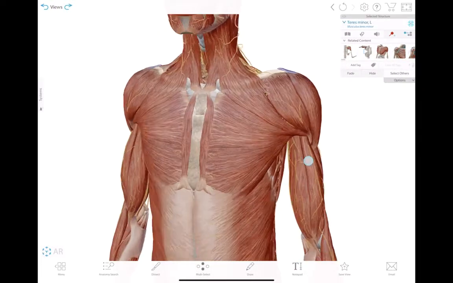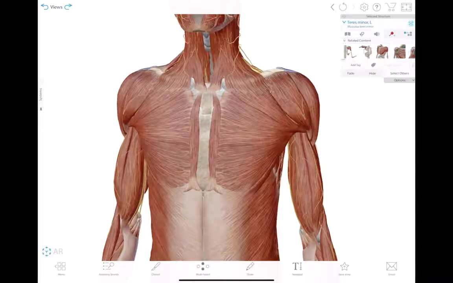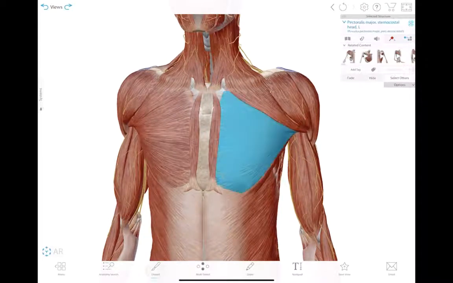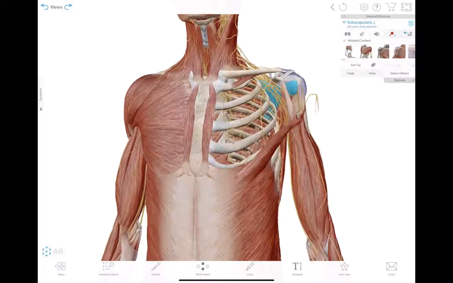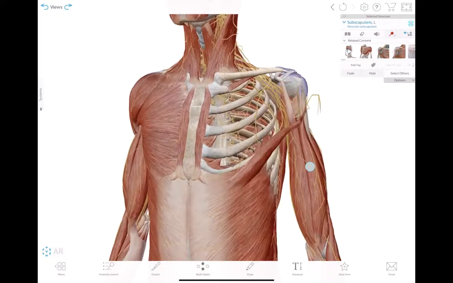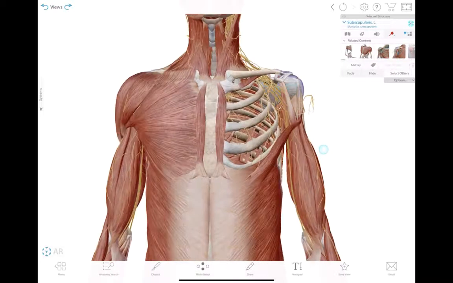So let's see if we can get to it. Let me try to clear out some of this stuff and see if we can find it. Okay, it took me a second, but I found it. It's hard to see, but it sits in that subscapular fossa, that part of the scapula that sits against the rib cage, so you can kind of see it back there.